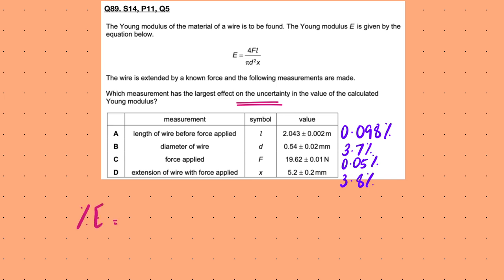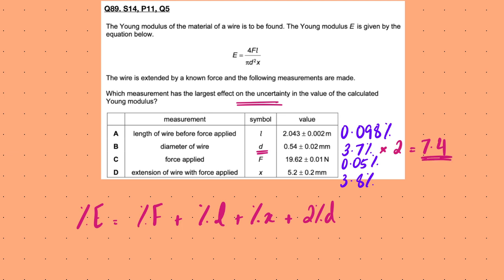Because the percentage uncertainty in E is percentage uncertainty in F plus percentage uncertainty in L plus percentage uncertainty in X. But for D square, because there's power there, it would actually be twice the percentage uncertainty in D. So when we talk about contributions to the uncertainty, for the diameter D, not option D, this would actually become twice. That would make it 7.4. So overall, this contributes the most, and hence option B is the correct answer for this one.